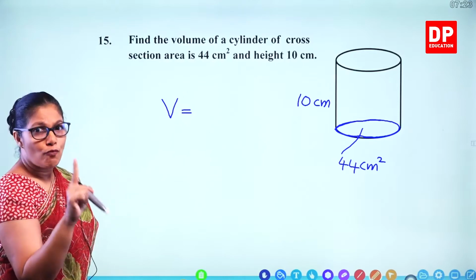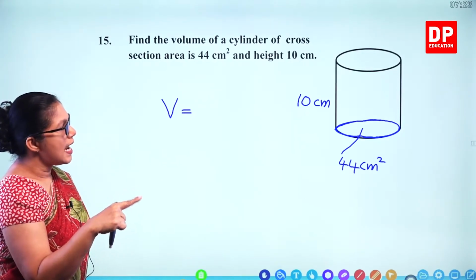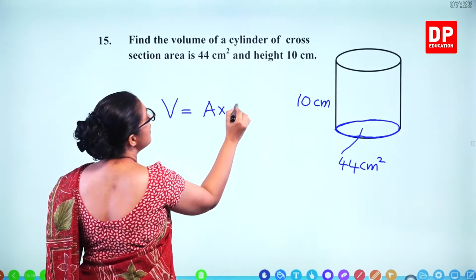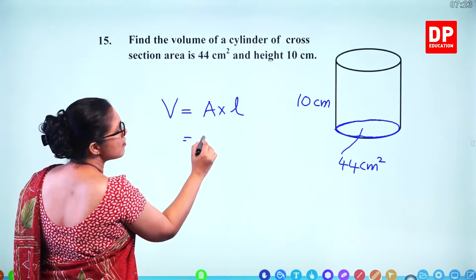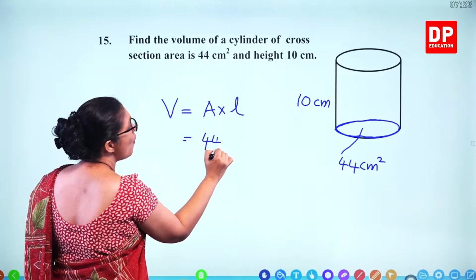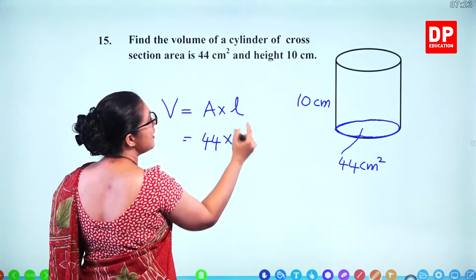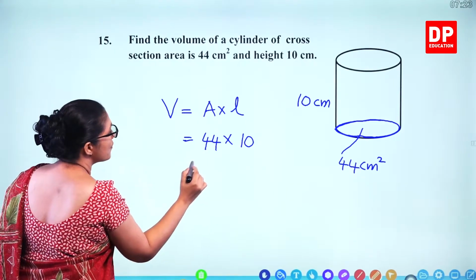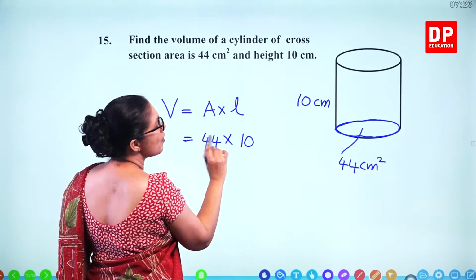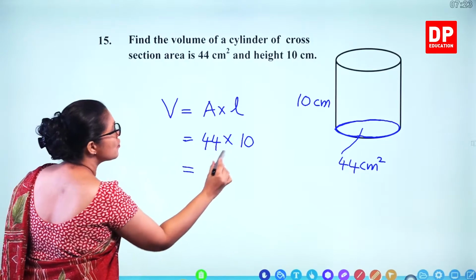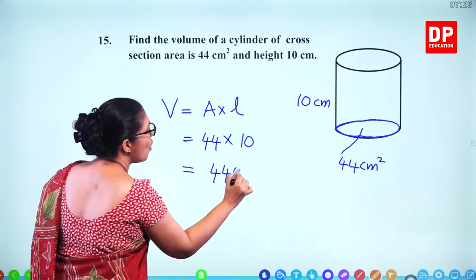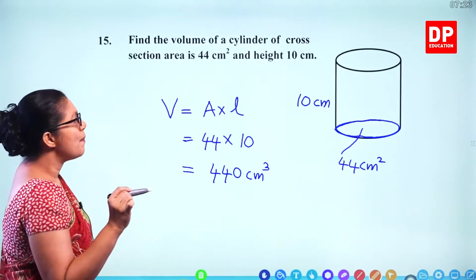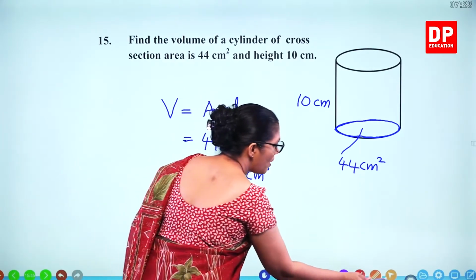Prism volume is cross-sectional area into height. A into L. So cross-sectional area is 44. Height is the length. So you get 10 there. This is in centimeter squared. This is in centimeter. So you get 440 cubic centimeters as the volume of the prism. So 2 marks for that.